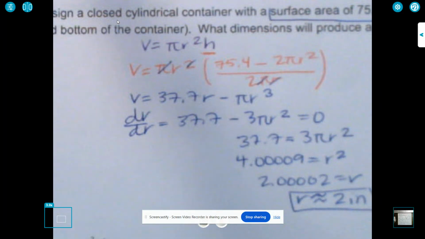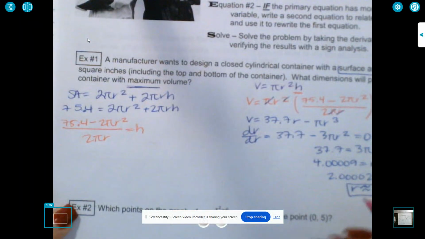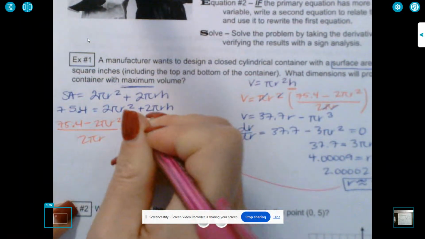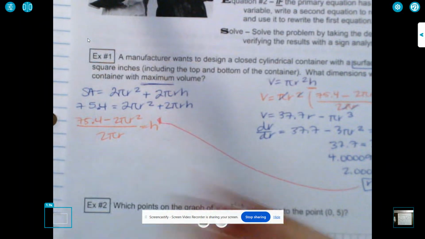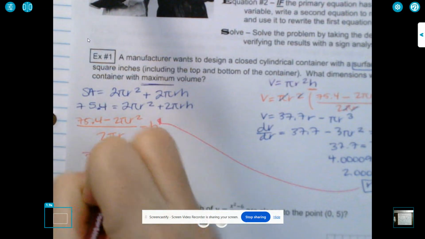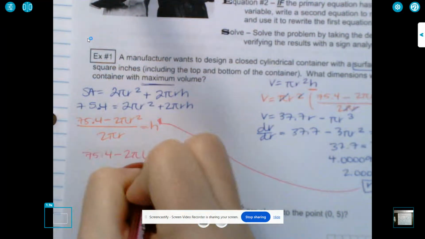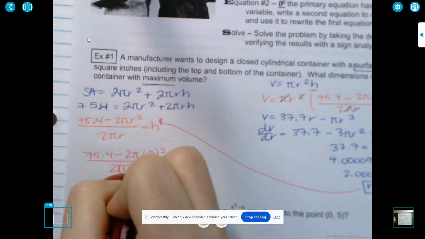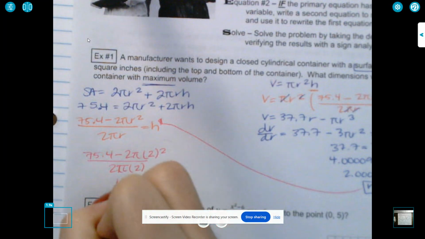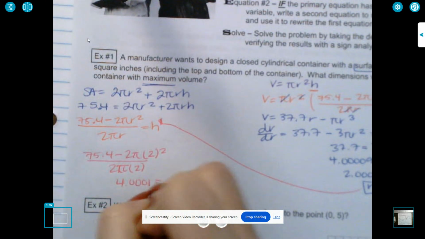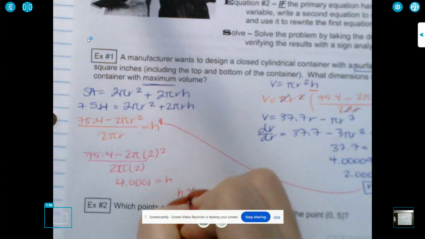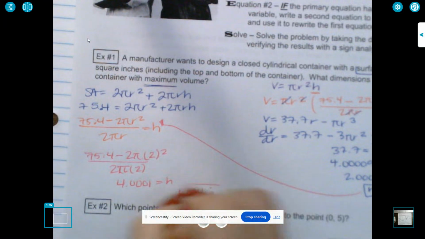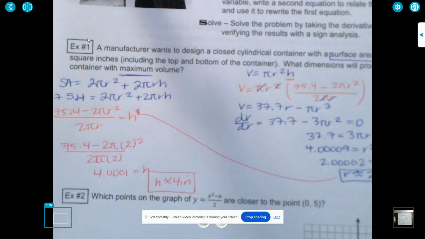So then we're going to take that r and we're going to plug it back in over here to find our h. And that's going to give me 4.0001 is equal to h, or h is approximately 4 inches. So that's what we're looking for there.